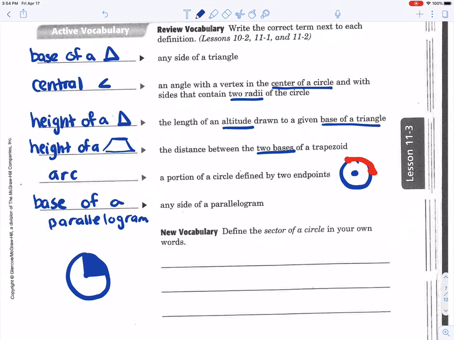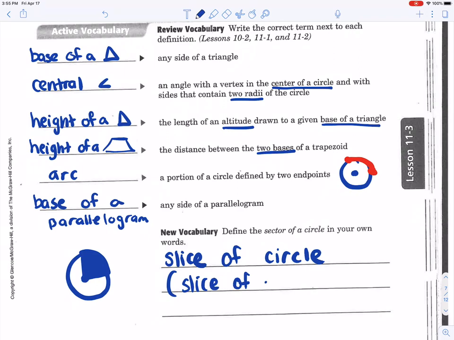The exact definition in the book reads, a sector of a circle is a region of a circle bounded by a central angle, which would be here, coming from the center, and its arc, which would be here, the edge of the circle. I think the easiest way to remember a sector of a circle is it's a slice of the circle. It looks like a slice of pizza.